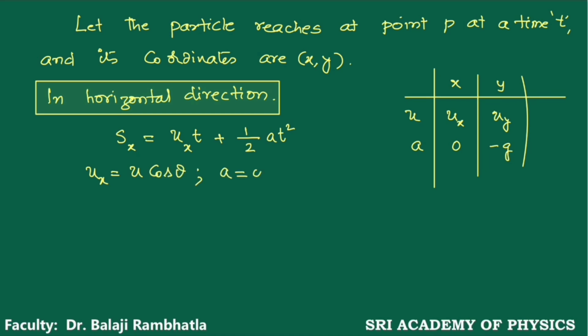What is a value? 0. What is the displacement of the body at a point t along x direction? You can represent it as x. Now this equation becomes x is equal to u cos theta into t plus 0. So from this, x is equal to u cos theta into t.